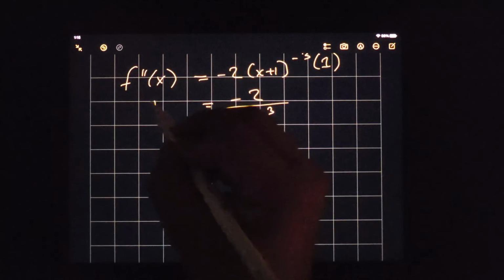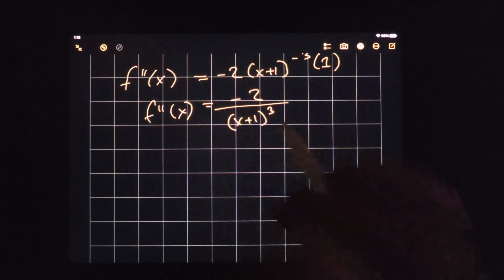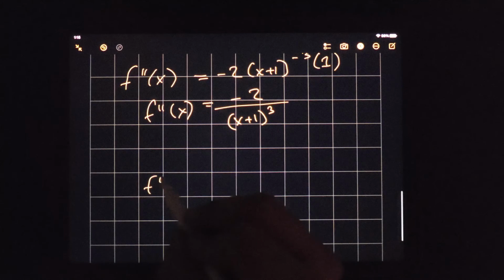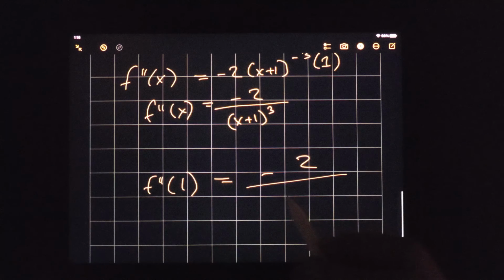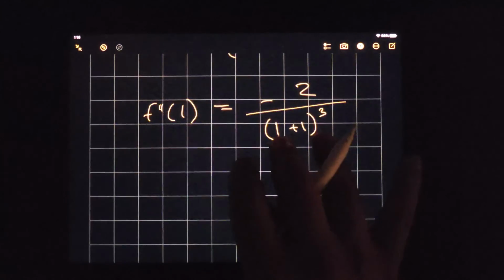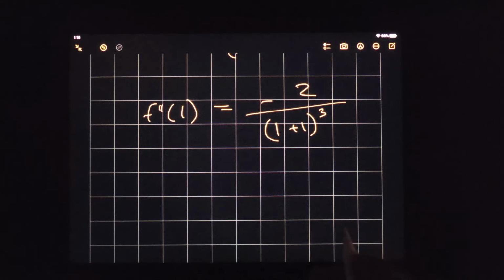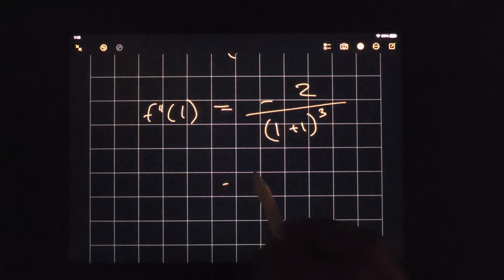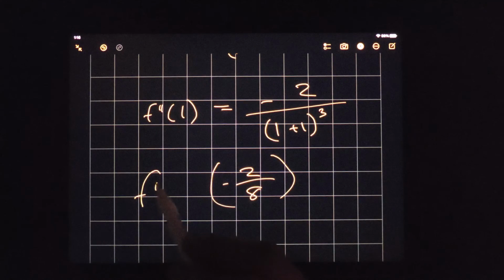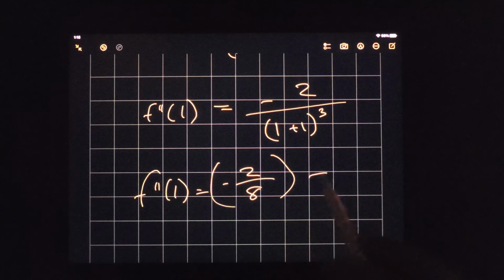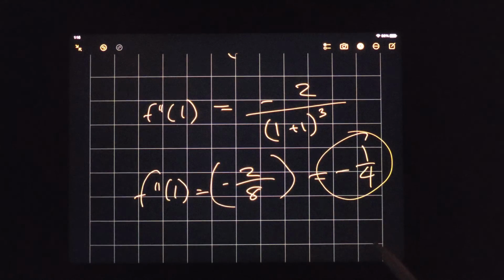So now that I have the second derivative, I can actually plug in 1. So that will leave me with 2 to the power of 3, which is negative 2 over 8. And there you go, which is actually negative 1 over 4. And that's that.